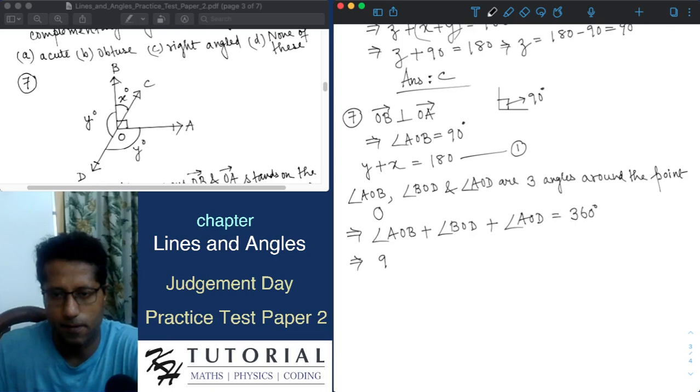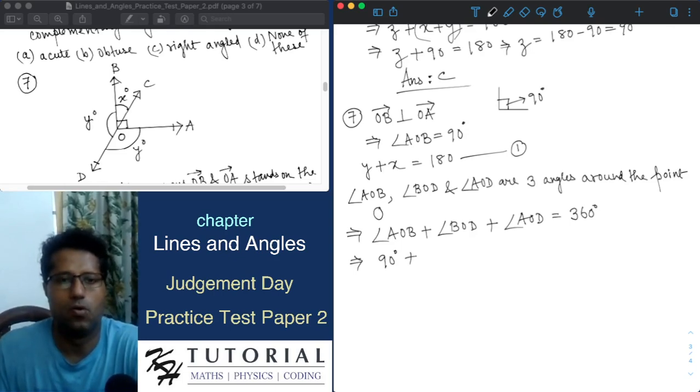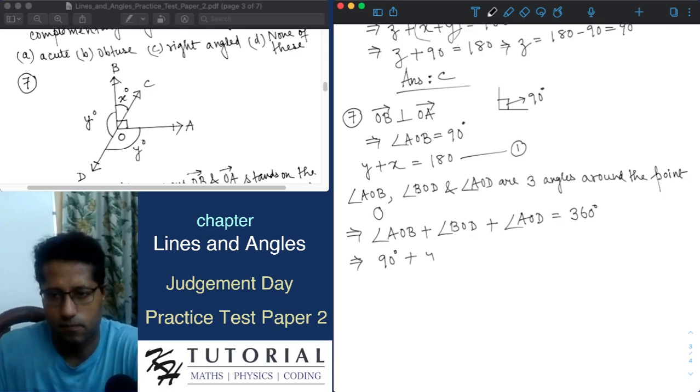So 90 degree plus angle BOD, which is y degree, and angle AOD, which is also y degree, is equal to 360 degree.